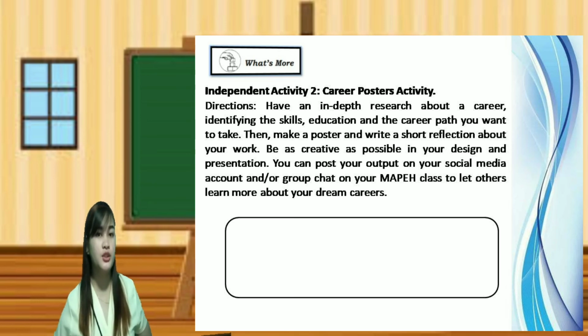Then make a poster and write a short reflection about your work. Be as creative as possible in your design and presentation. You can post your output on your social media account or group chat in your MAPEH class to let others learn more about your dream careers.